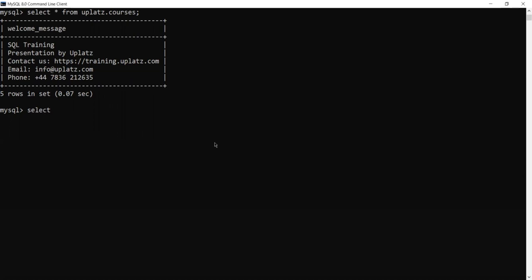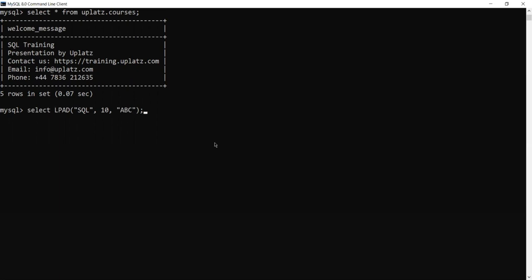So select the LPAD function. Consider I am giving something like this. This is my string to which I have to add some padding. Let's say I want a string of length 10 ultimately, and my padding should include ABC or something of that sort.